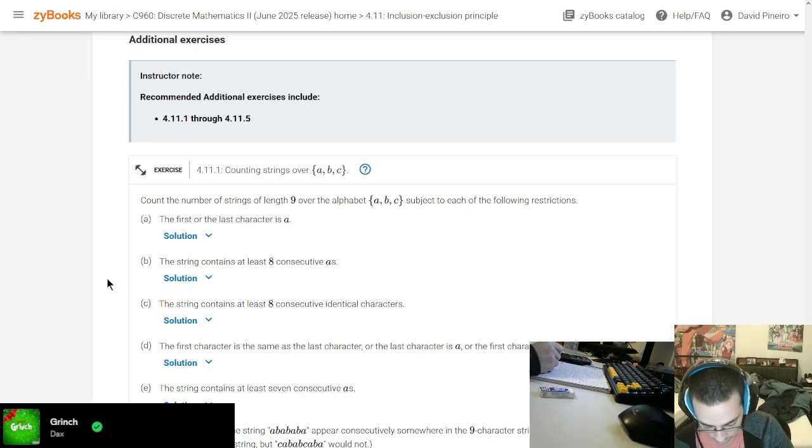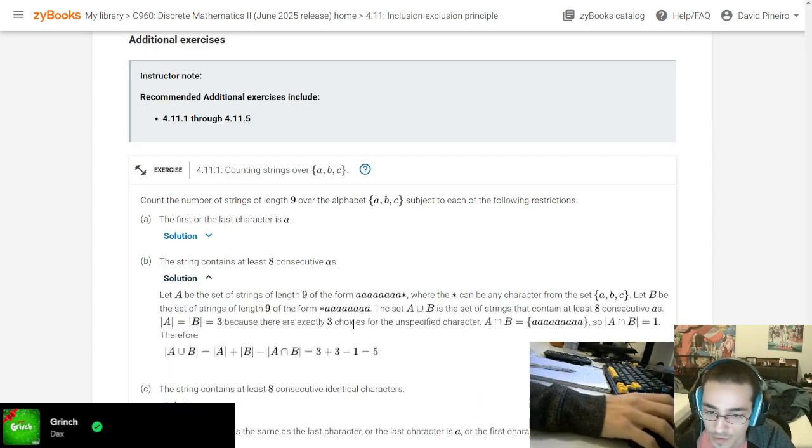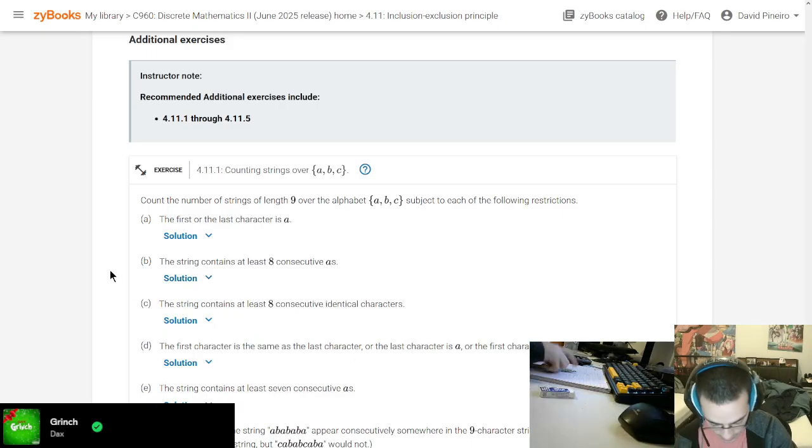And their intersection is 1, and I know that because I saw it here, but would it make sense? If there's 8 A's, that would satisfy both sets, and that counts for the intersection. So you would use the union: 3 plus 3 minus 1.